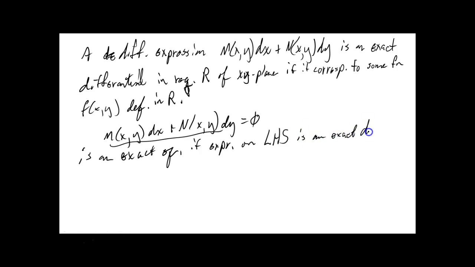Sounds like they're talking in circles, doesn't it? It's an exact differential equation if the expression on the left is an exact differential. All right, what do they mean by that?